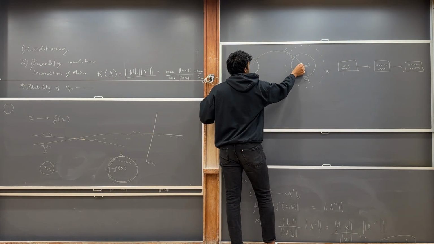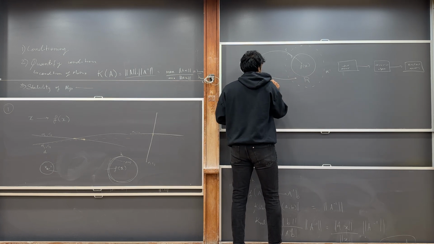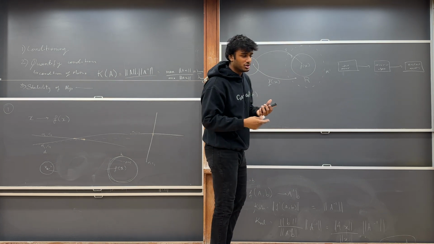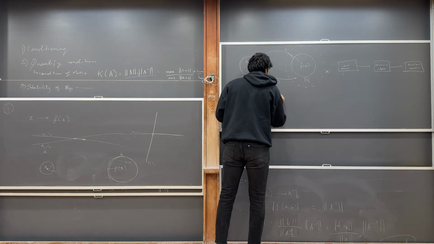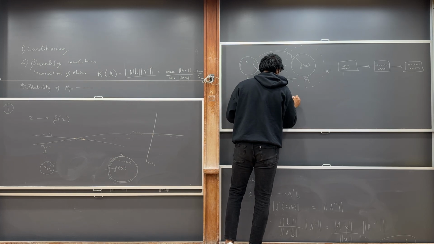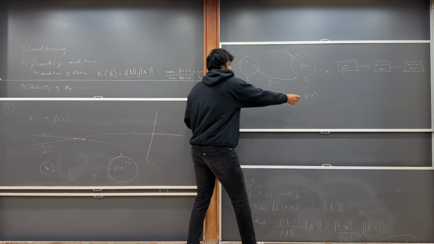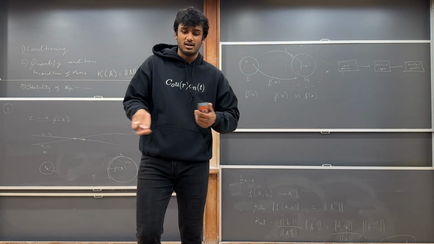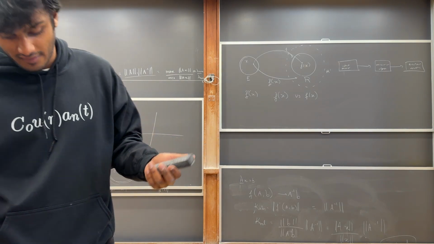If x maps to f of x, but then my perturbed function f tilde, the function implemented in my computer, maps x to another point f tilde x, I want to know how big of a difference this is. I want to somehow be able to compare how far f tilde x is from f of x.